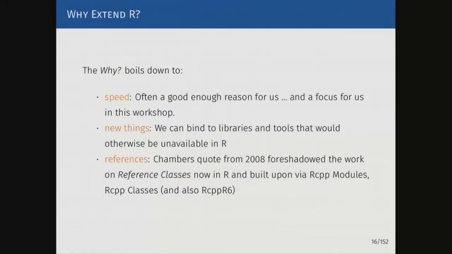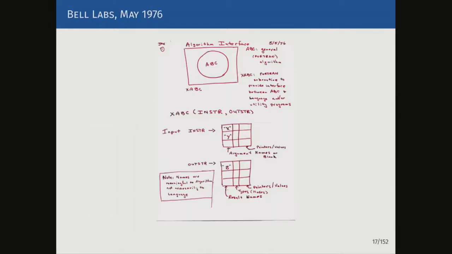But it also allows us sometimes to do things with compiled code that we couldn't do beforehand. So new and trusted computations, and object references is good too. Sometimes it allows you to access things without having to copy them in full, and things like that. So again, why extend R? Speed, definitely. New things, references.